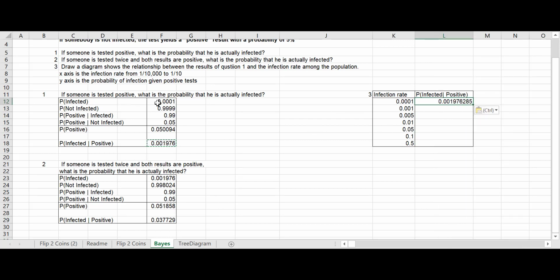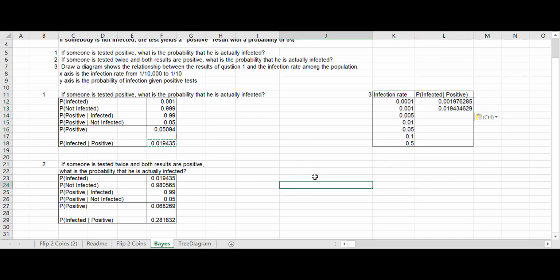And then you change this to, say, 0.001, okay? Now the infection rate is getting higher, so you paste the value here. Once you fill this table, you plot the scatter plot, with the x-axis as infection rate and the y-axis as this probability: if you test positive, what's the probability you got infected? And then write 1 or 2 sentences about your finding.